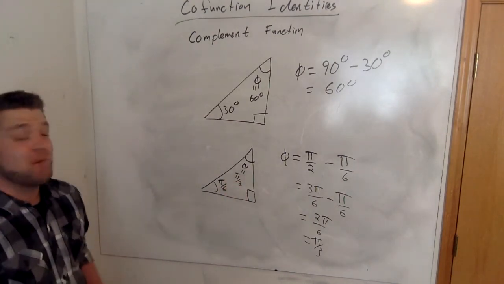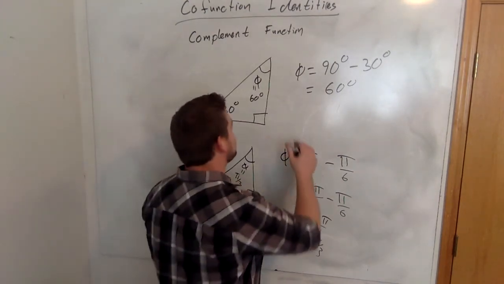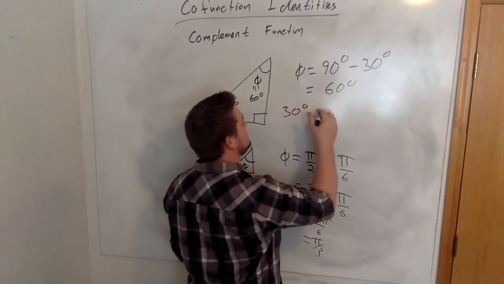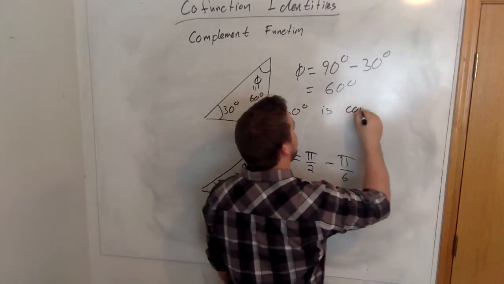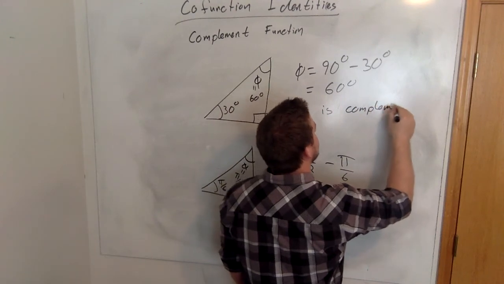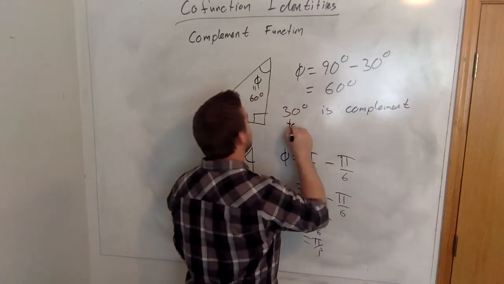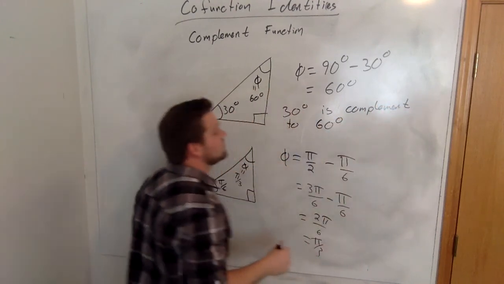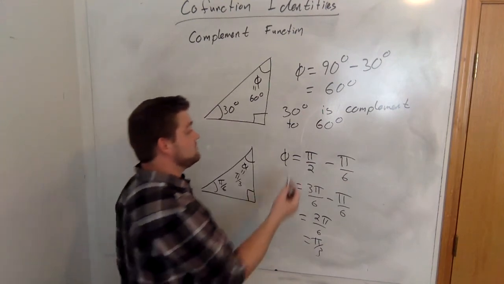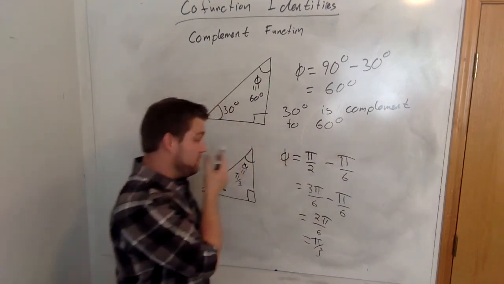We call these complement angles. So we would say here that 30 degrees is complement to 60 degrees, and vice versa. We would also say that 60 degrees is complement to 30 degrees.